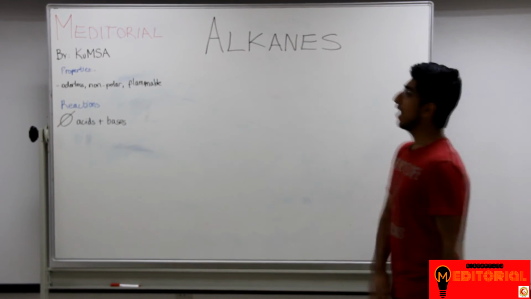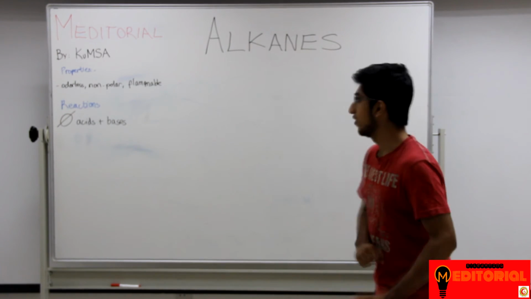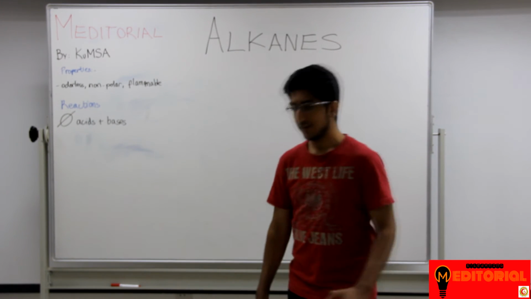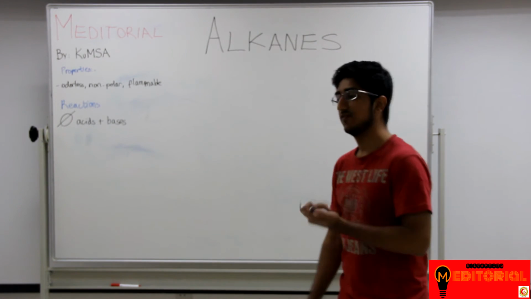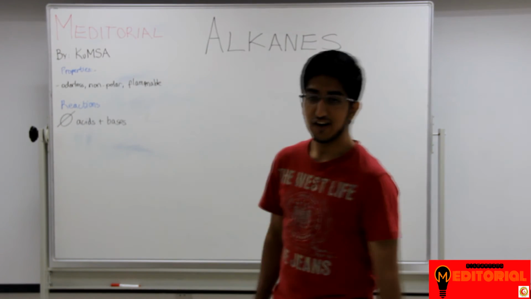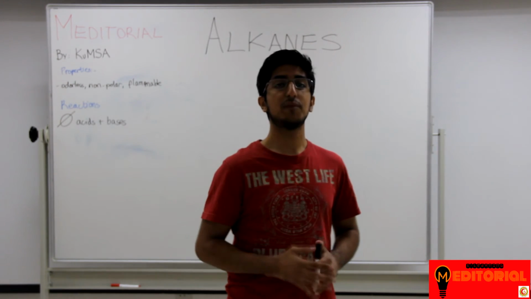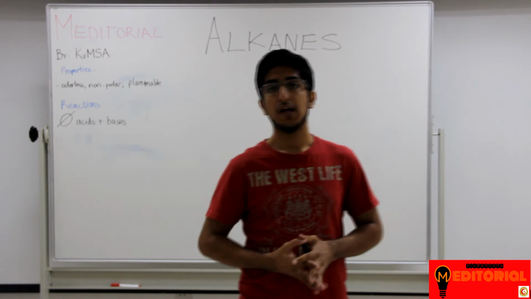We did naming, now we're going to talk about the properties and reactions of alkanes. Now, there are 3 main properties that you need to know. Alkanes are odorless. They don't have any smell, they don't have any taste, they're colorless, they're nothingness, okay? And they're non-polar. Non-polar has a very important advantage, or disadvantage, depending on what you want to do.